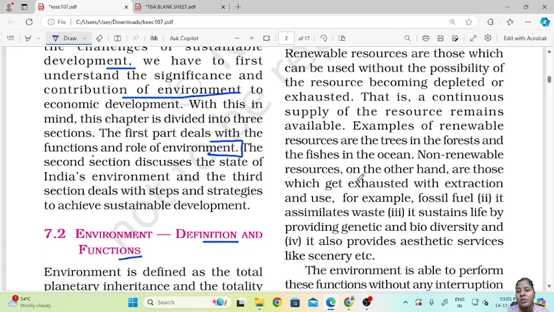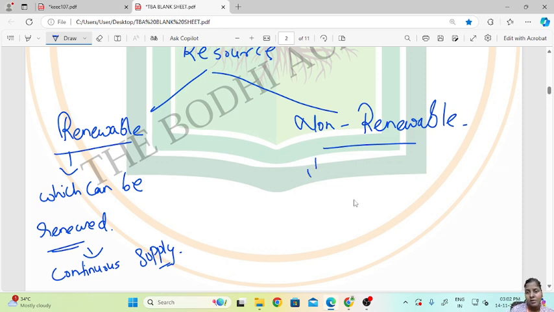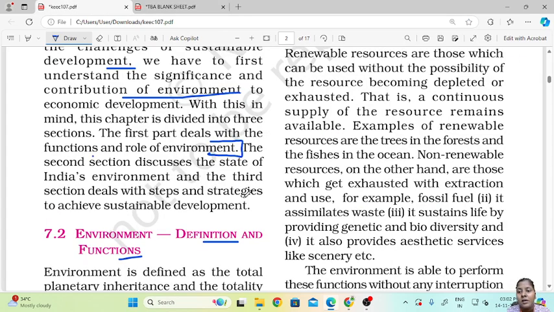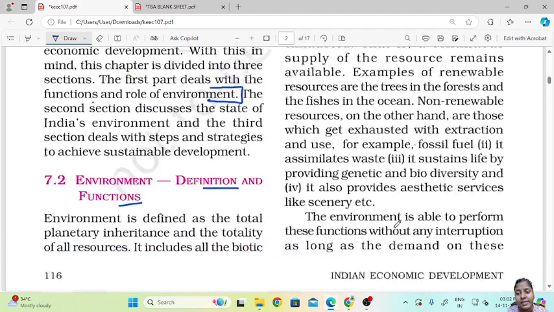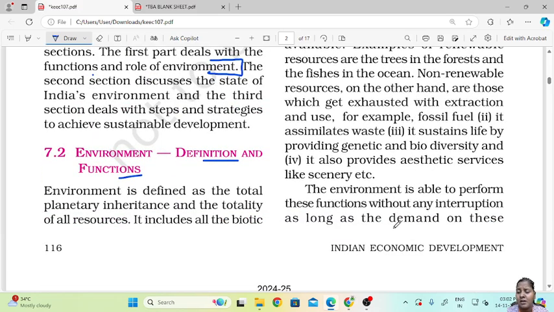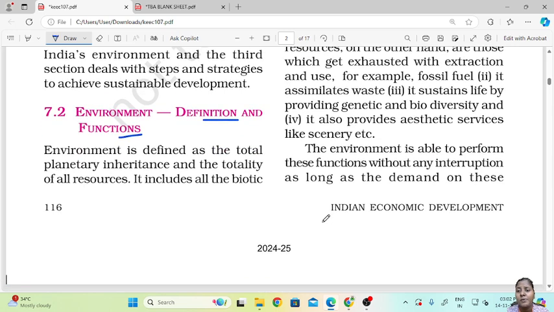Non-renewable resources, on the other hand, get exhausted with extraction and use, for example fossil fuel. The environment also assimilates waste and sustains life by providing genetic and biodiversity, and it also provides aesthetic services like scenery. The environment is able to perform all these functions without interruption as long as the demand made on the environment is within limits.